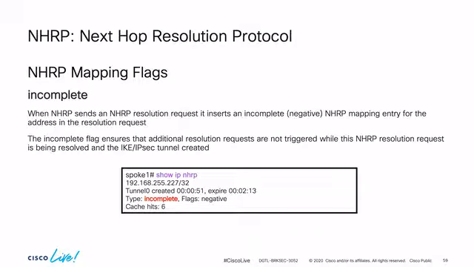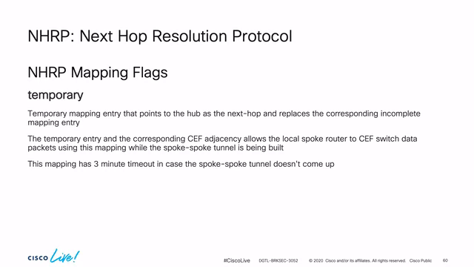The temporary mapping flag, or the mapping entry, points to the hub as the next hop, replacing the incomplete entry. So the temporary entry and the corresponding CEF adjacency ensures that when the local router is sending data packets in a spoke-to-spoke communication, these data packets are forwarded to the receiving spoke via the hub.